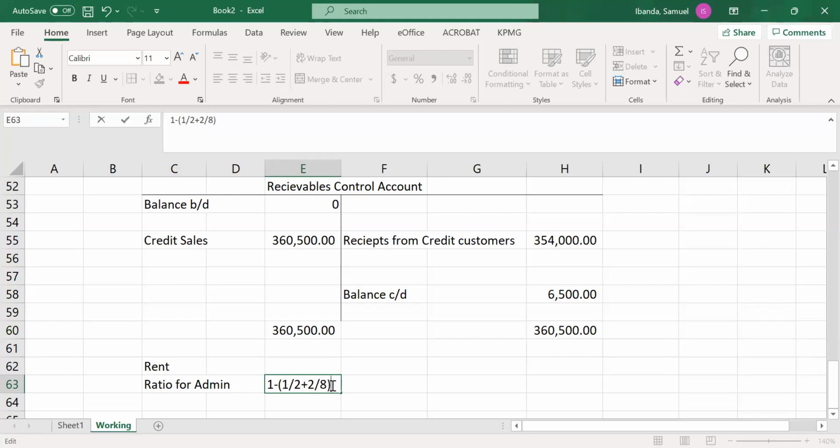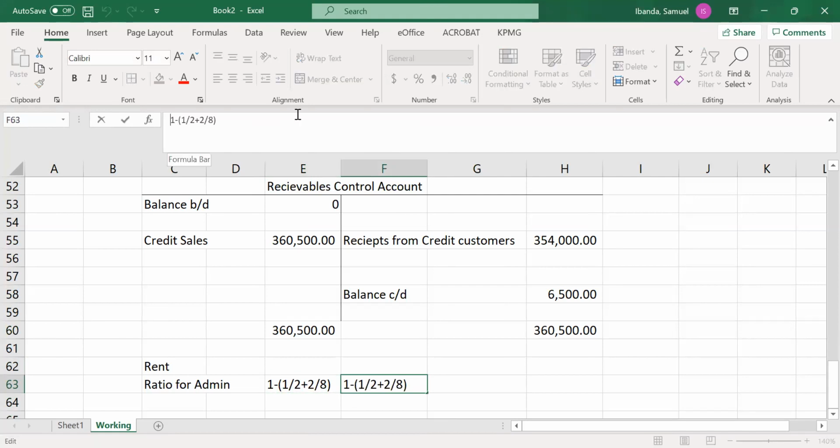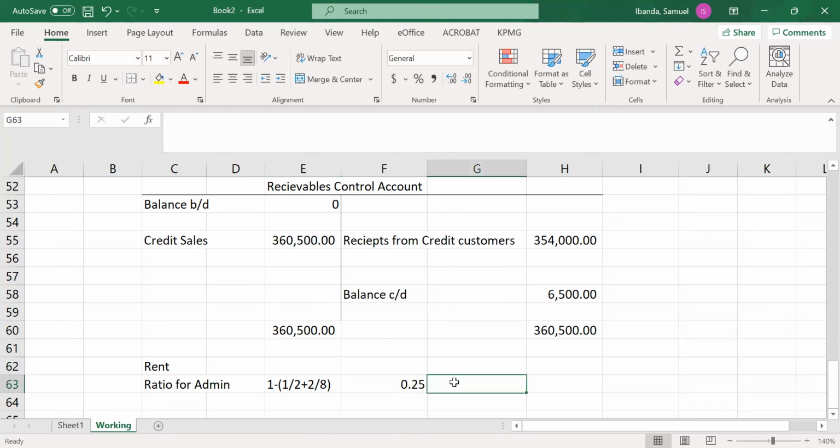So I should be able to get my so-called value. Just a moment. You can use your calculator in case it can do fractions, but this is what I'm getting. I'm getting 0.25, which is 1/4.